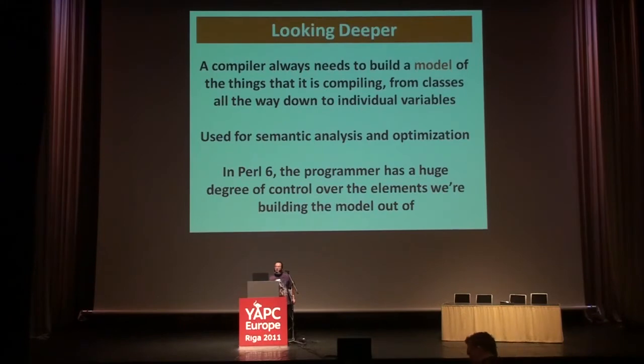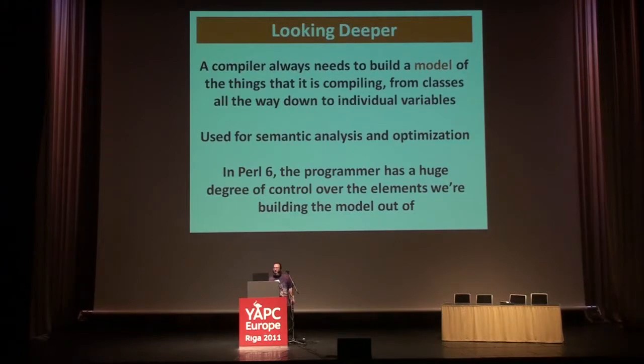Now, that model can then be used for analysis and optimization and so forth. We were doing this to some degree, but in Perl 6, we have this additional challenge that the programmer actually has a great deal of control over those model objects. So we can't just bake in how a class works. We can't just bake in exactly how the syntax looks.